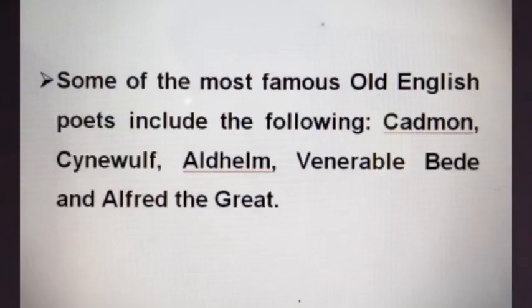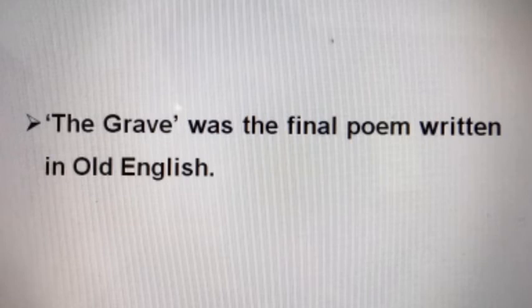Next, The Grave was the final poem written in Old English. It is believed that the poem titled The Grave was the final poem to appear in the Old English period.